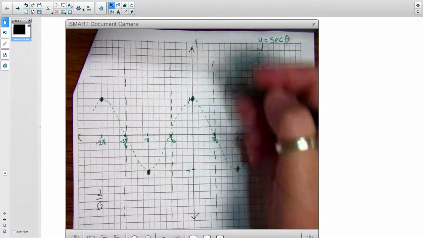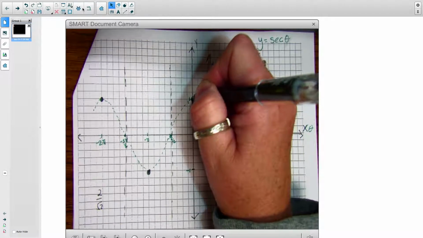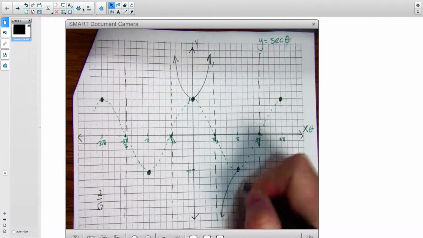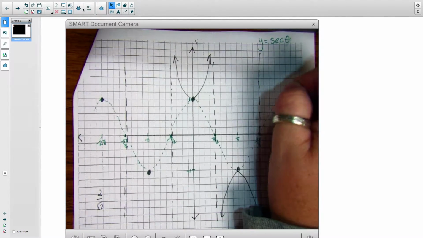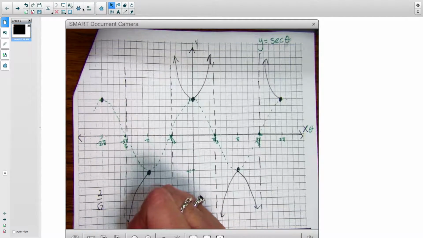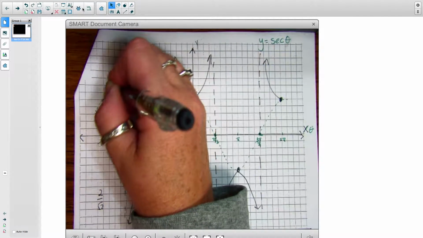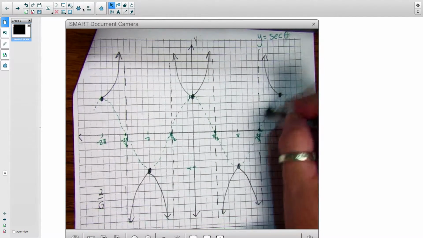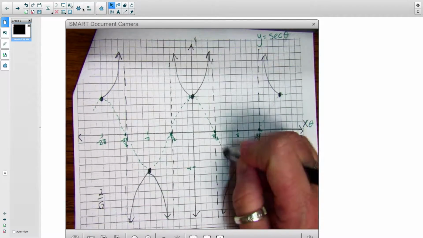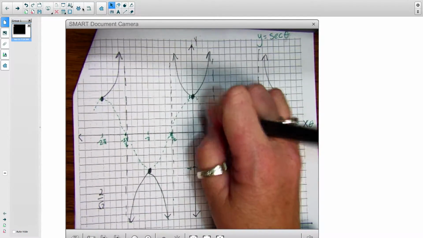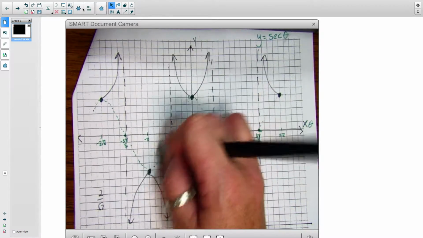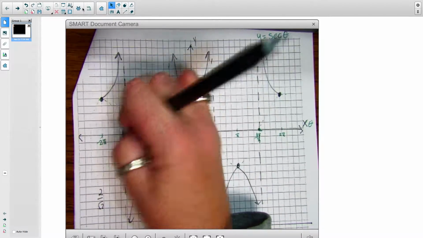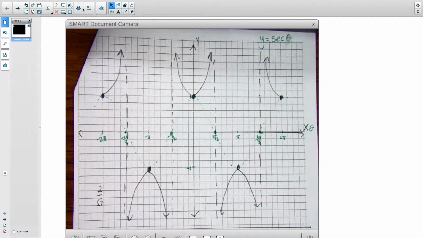This is an upside down u. What happens is we take the reciprocal, and those u's flip upside down. Then you can just erase that line in there, and there's our secant graph.